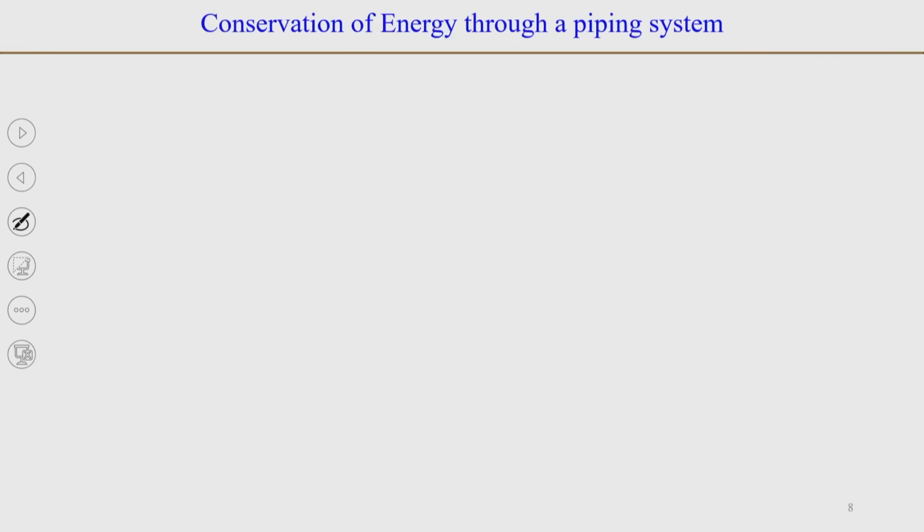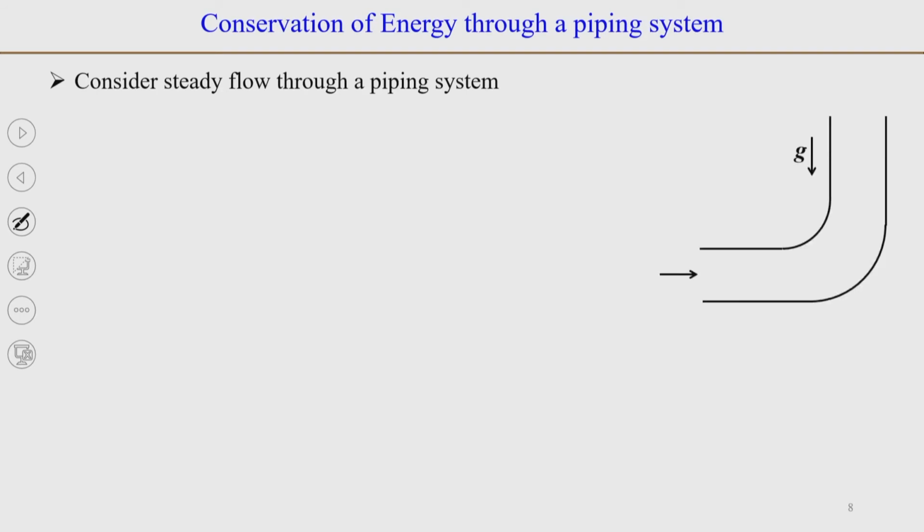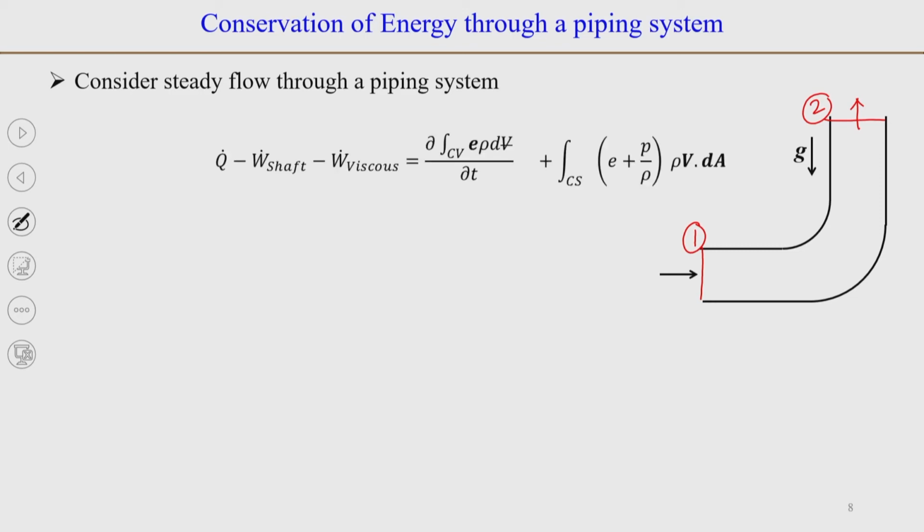Now, let us choose a small system which is a simple piping system. Let us say you have an elbow where the flow is coming in at section 1 and it goes out at section 2. The gravity acts vertically downward on this. So, we can write down the conservation equation in this.